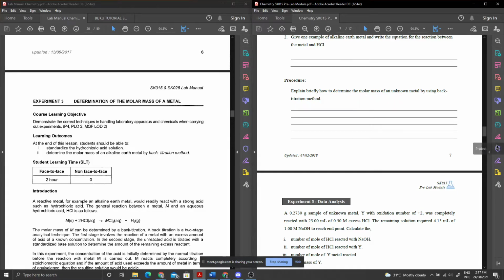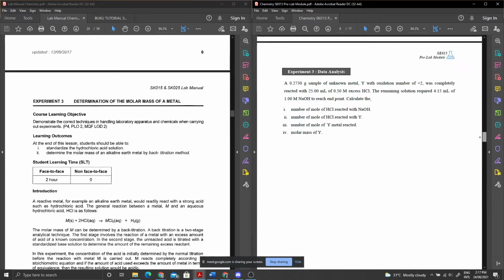I dah explain tadi. And the exercise that you have 0.273 grams of unknown metals, oxidation number 2, completely react with this amount of HCl and remaining solution of 4.15 mL of NaOH to reach the end point. It's the same thing yang kita akan buat dalam eksperimen.